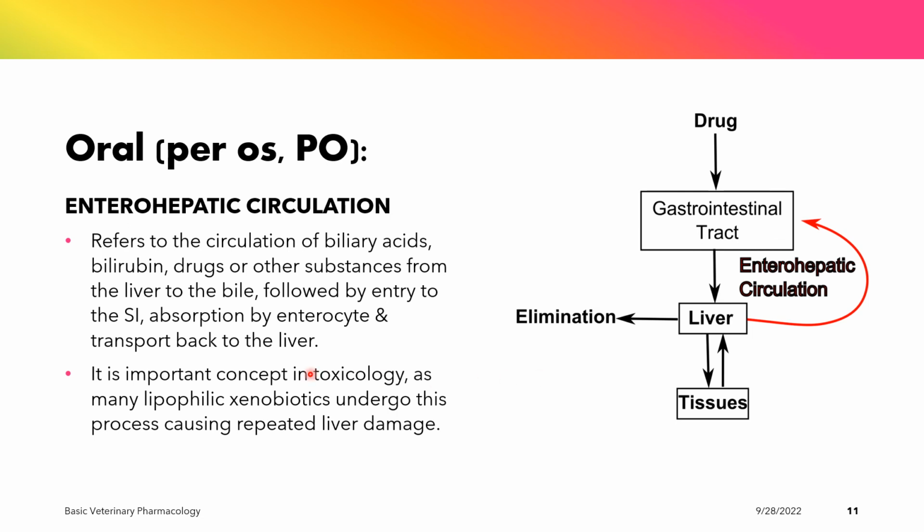Again, this is an important concept, particularly in the field of toxicology, as many lipophilic xenobiotics undergo this process, and when there is continuous circulation of the drug in the body, taking in a drug continuously will cause toxicity, and again, it will cause liver damage.